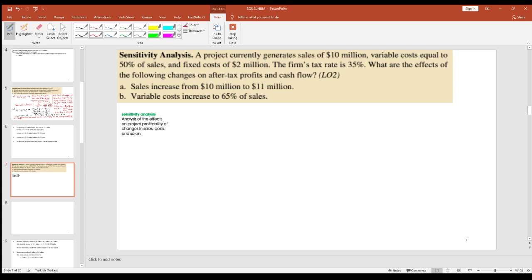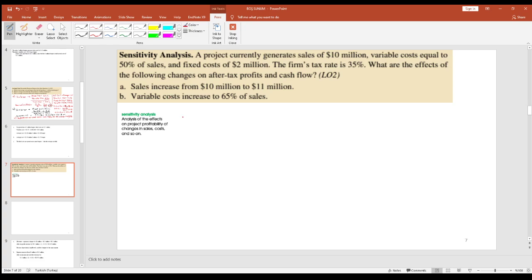So in that case, whatever changes we are going to find on profits and cash flow will be the same. So how to solve it? A, sales increase from 10 to 11 million. B, variable cost increase to 65% of sales.